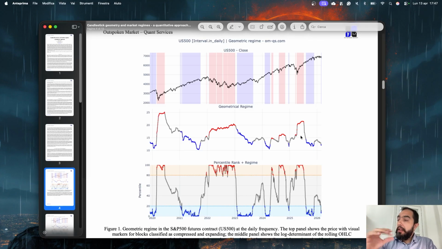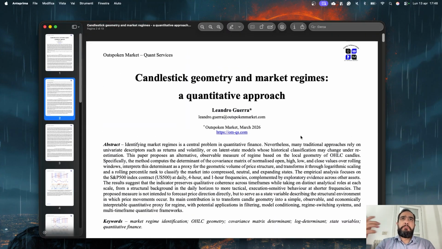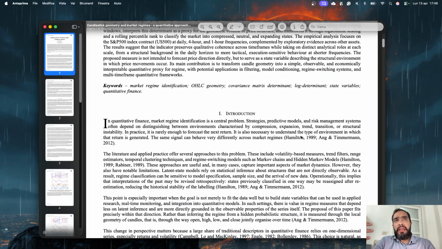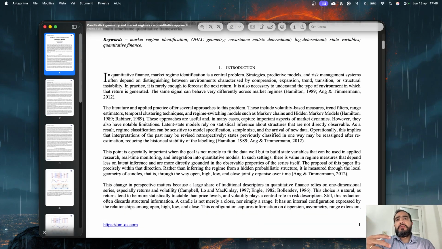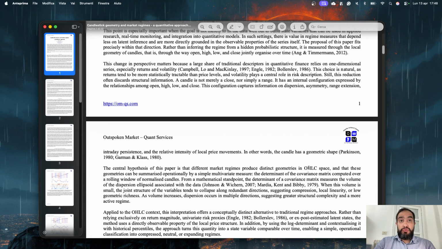One may say, Leandro, there are already several dozens of ways of measuring market regimes. And of course, maybe the most famous one is the Markov chain, or the hidden Markov model in this case, which is true, and it's a fantastic tool. I'm not trying to convince you otherwise. I'm not saying that you should not use Markov chains or Markov models.